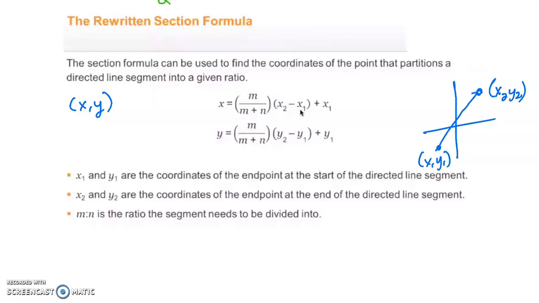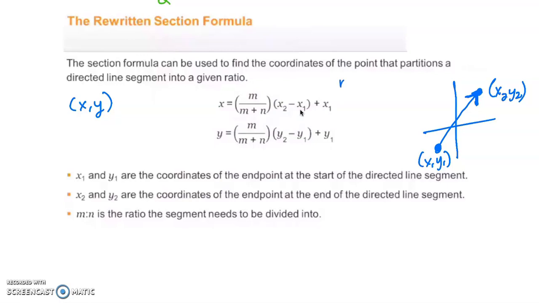When we're finding distance, a lot of times it doesn't matter which one you label as x1, y1, and x2, y2. In this case it does, because where you start is x1, y1, and the direction the arrow points gives you x2, y2. So make sure you understand that.